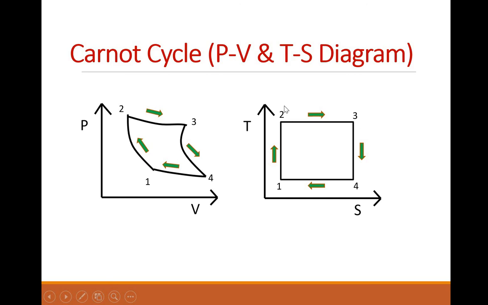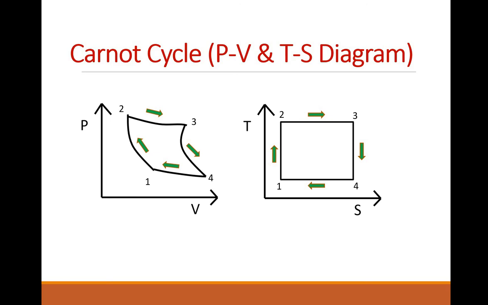So when we are heating water in the boiler and moving it into the turbine, is it practically possible that there will be no loss of heat or no loss of temperature? No, obviously no. Practically that scenario cannot be possible. So we call this 2 to 3 an isothermal process. Isothermal means the temperature remains constant, which is practically not possible.